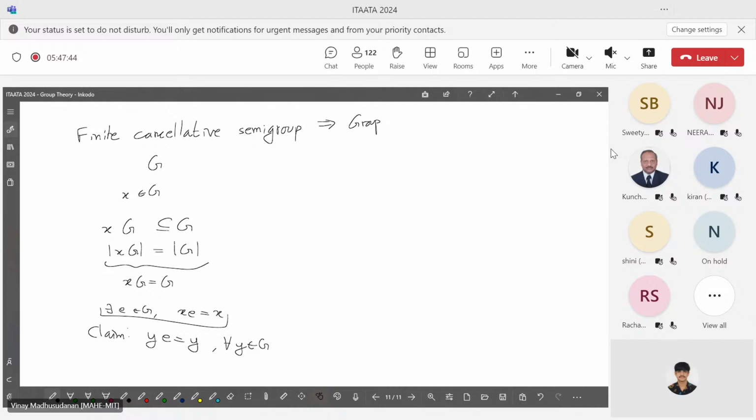So x is equal to x now. So yx is equal to yx. The problem is E is on the wrong side.